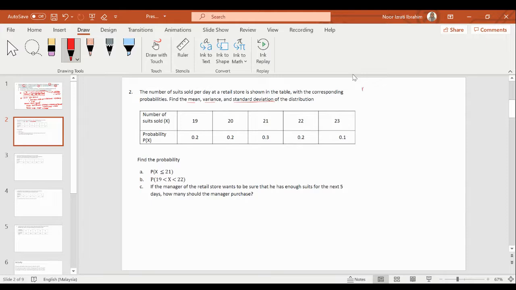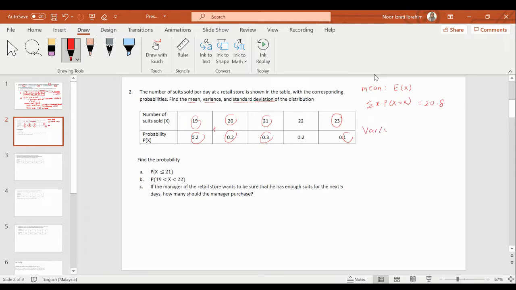To find the mean, E of X, which is the summation of X times probability when X equals to x. So you multiply 19 with 0.2 plus 20 with 0.2 plus 21 times 0.3 and so on until 23 times 0.1, and you will get 20.8.